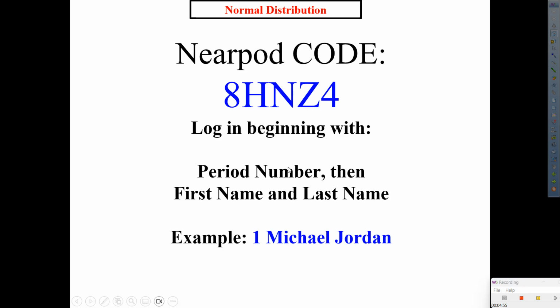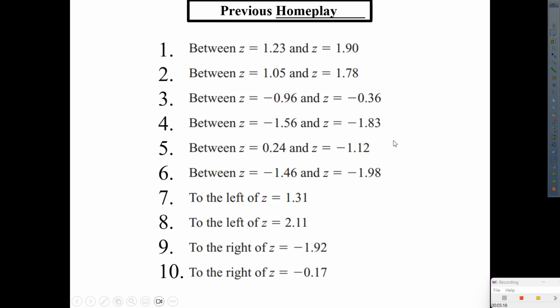Write that down. 8, H, and Z4. And last night's home play was these 10, so go to Canvas, turn that in.